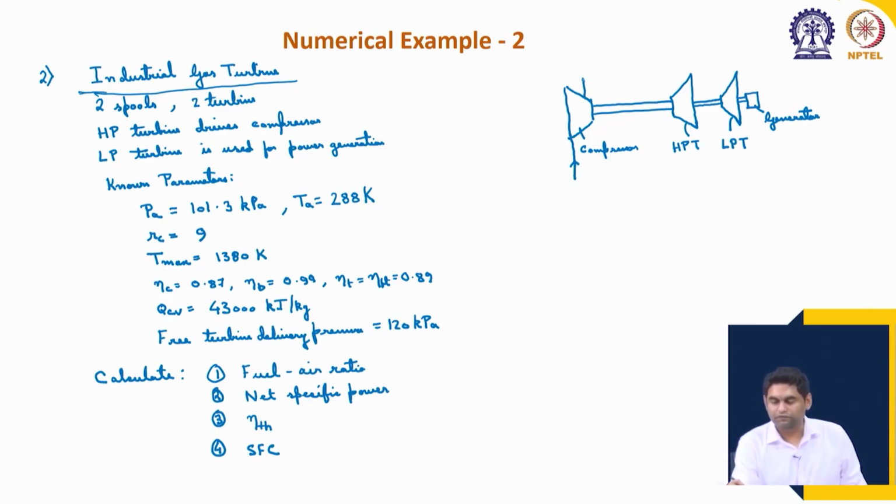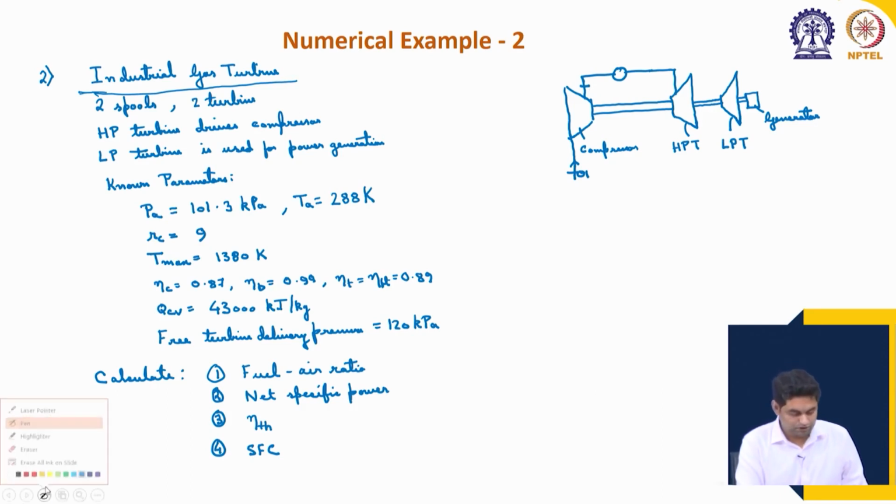So, if we complete the cycle we will have a combustion chamber. From 01 to 02, let us use some other color, from 01 to 02 is the compression process. From 02 to 03 is the combustion. So, this is the combustion chamber.